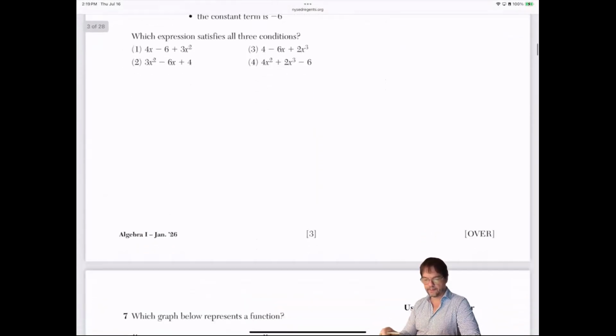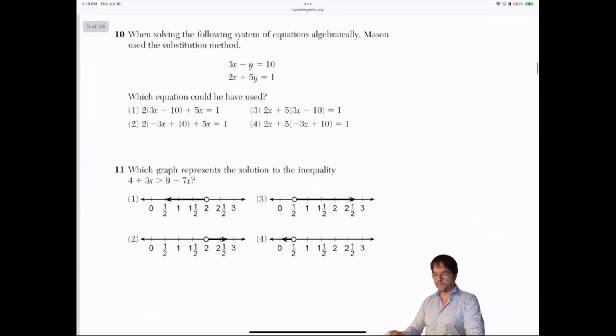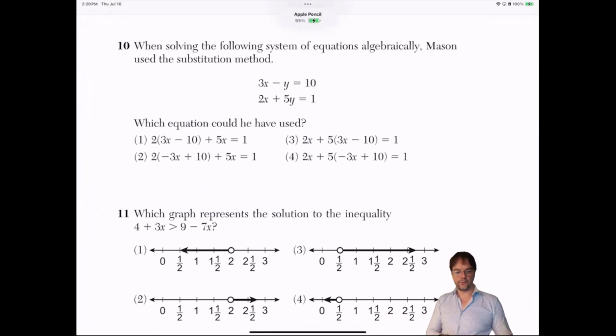Where are we? 10. Okay, please try to do the number 10. Well, sit down. I'm not tired.